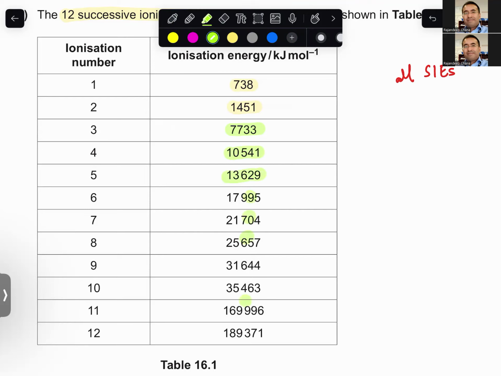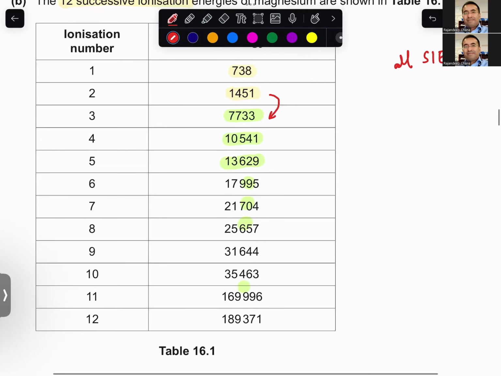So it's just asking about this large increase, this large difference or big jump, which represents the electron being removed from a different shell. So what do we say?